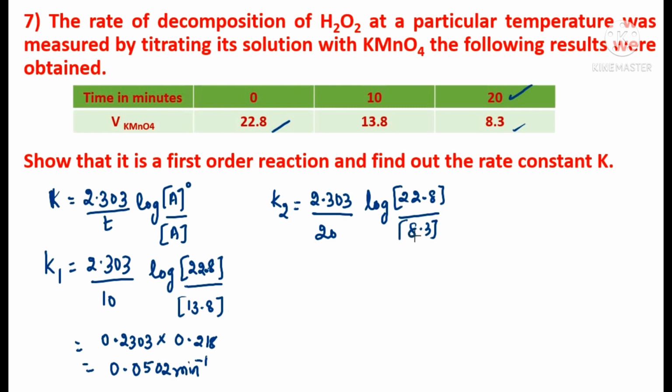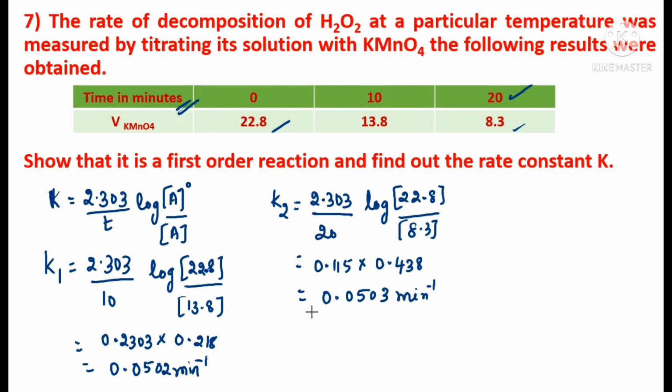When you simplify this, you get 0.115 into 0.438. Finally you will get 0.0503 per minute. The unit is per minute, since the values are given in minutes.